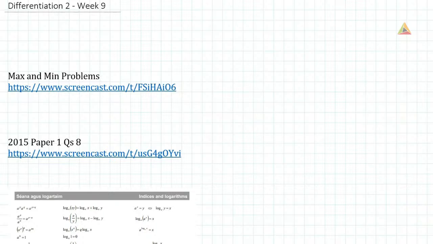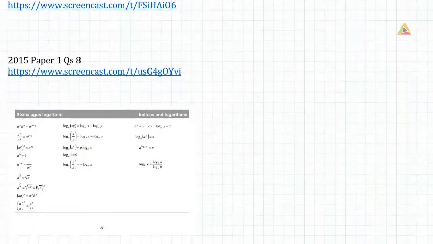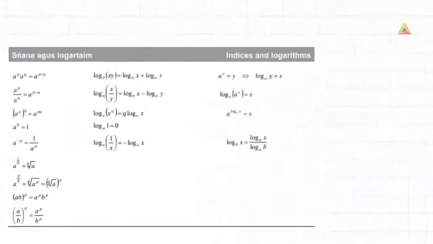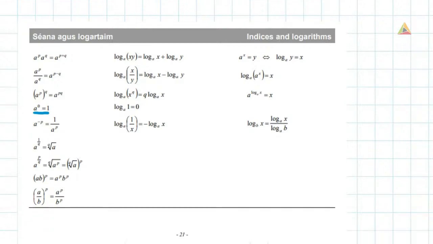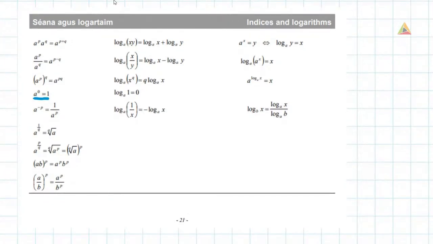Okay, so today then we're going to continue looking at our differentiation. Just to point out to you, we talked about it last week, but this is page 21 of our tables, and we were using this rule here, that anything to the power of 0 becomes 1. So when we differentiate and we bring our power to the front, if we're left with an x to the 0, it becomes 1.